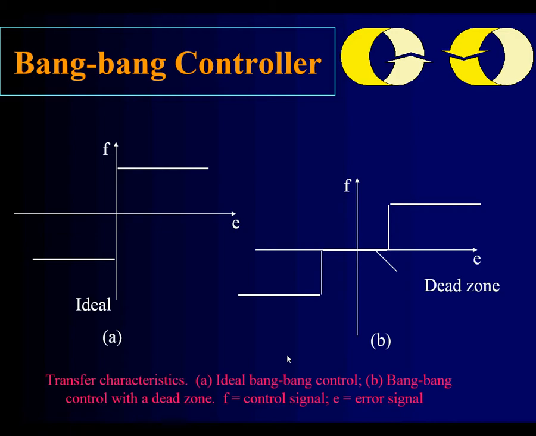The bang controller goes from negative to positive, as you can see here. It follows this characteristic. You have an example in here with an ideal bang controller, the one on A, and the one on B is not a perfect bang controller. It has some gap in there, some dead zone.